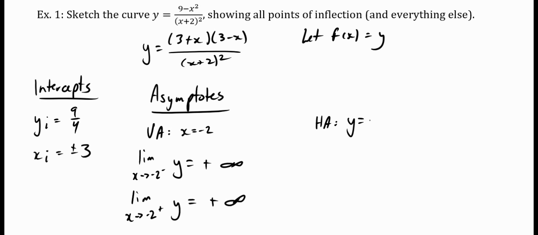Yeah, so we got to look at the degree on top and the degree on bottom. In fact, that's often something you look at in the beginning to see if you have a horizontal asymptote or oblique. So I kind of took it for granted that these are both degree 2, both quadratic, so same degree. So we don't have an oblique asymptote.